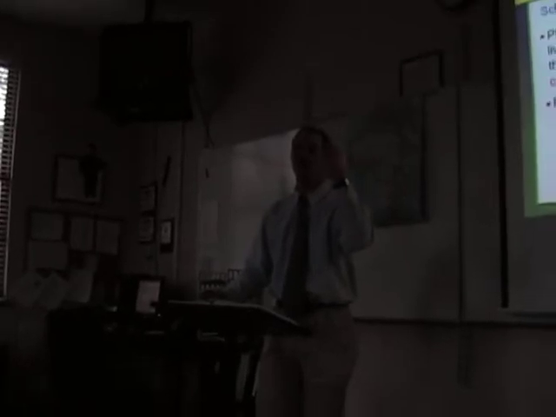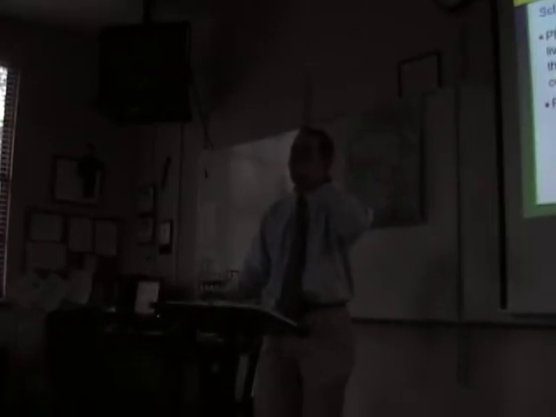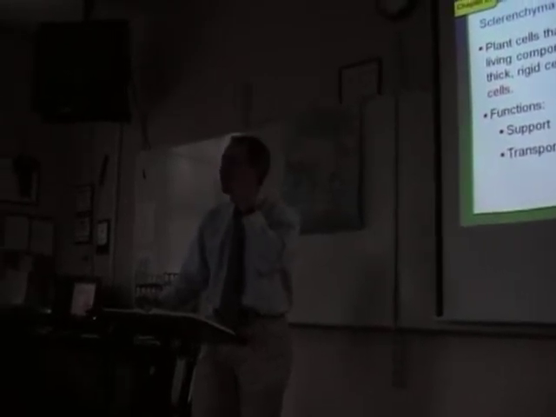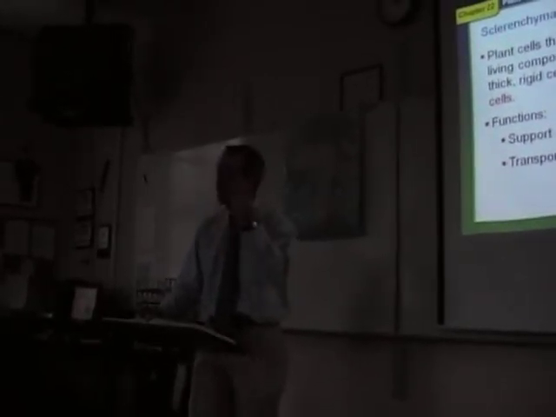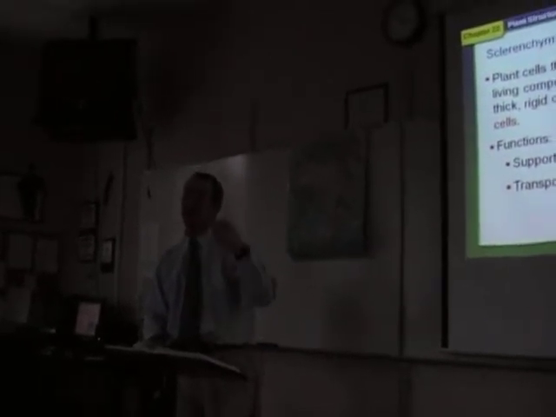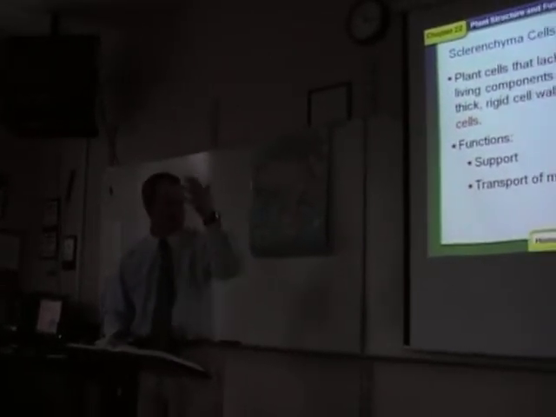Sclerenchyma cells make up most of the wood we use for shelter, fuel, and paper products. You ever see that the outside covering of a nut is real hard? You ever try a pecan? You ever been eating pecans and get part of the shell there and chew on it? It's real hard and nasty. That's sclerenchyma cells. Really hard. Often used for support or transport.